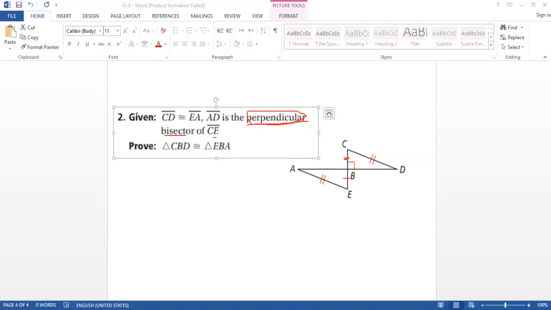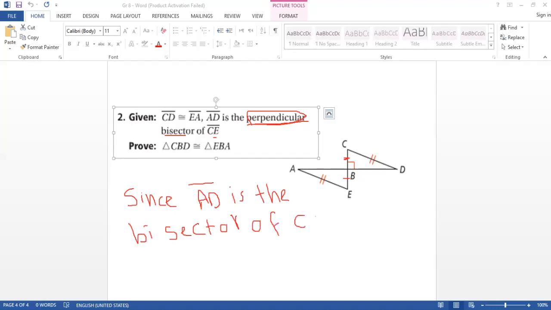So since AD is the bisector of CE, we get that CB is congruent to BE.